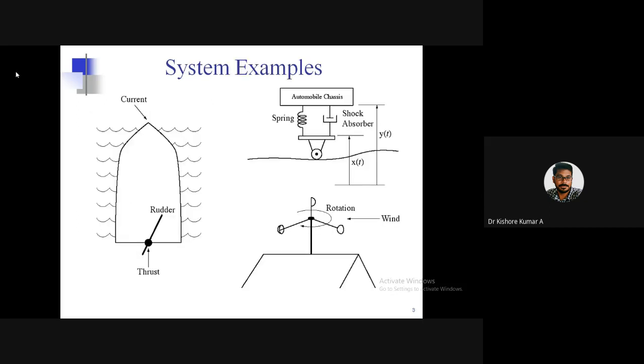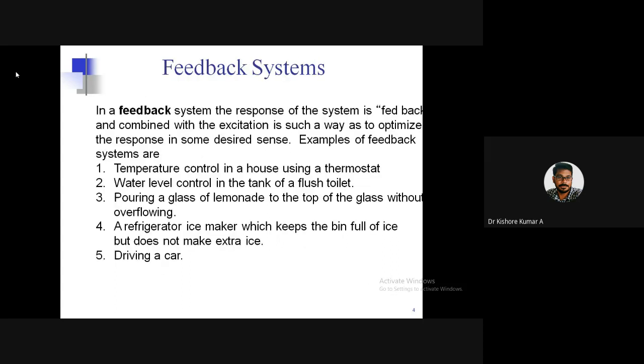Here there are some system examples like current, rate, thrust, and automobile chains. These are some mechanical system examples. And the concept of feedback system: in a feedback system, the response of the system is fed back and combined with the excitation, so that it optimizes the response in some desired sense.